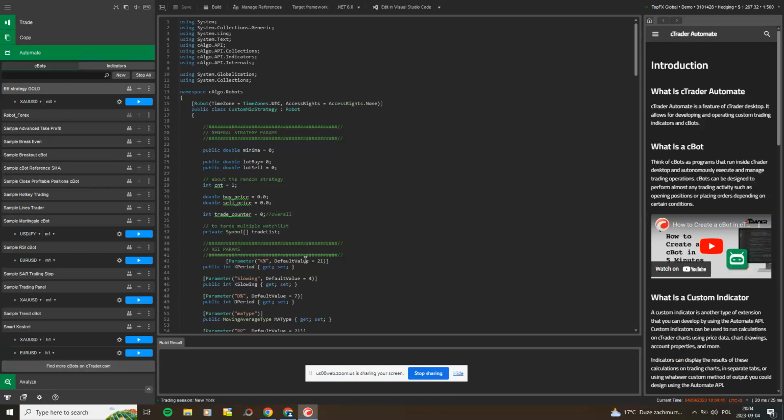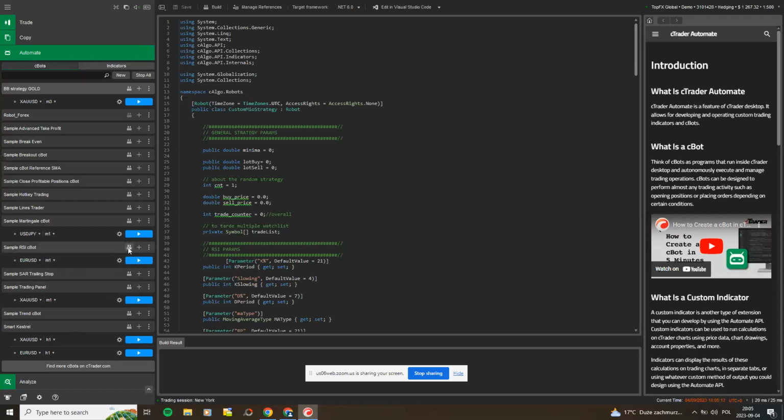As you remember, we recently ran one of the cBots. That was the RSI bot, and the name of this bot was Sample RSI Bot. As you remember, we tested it at the 1 minute time frame.